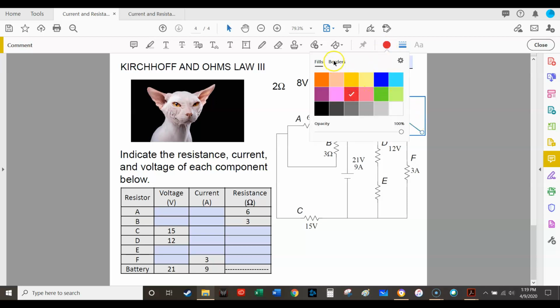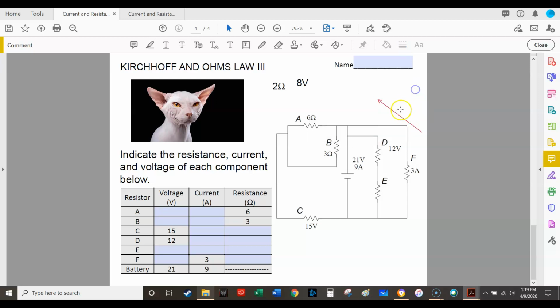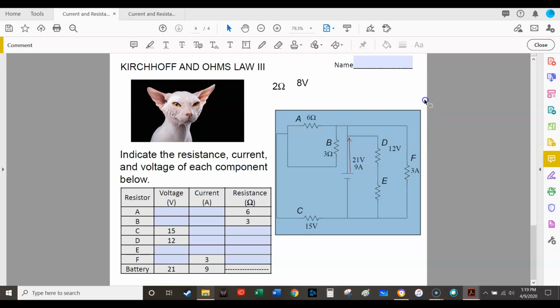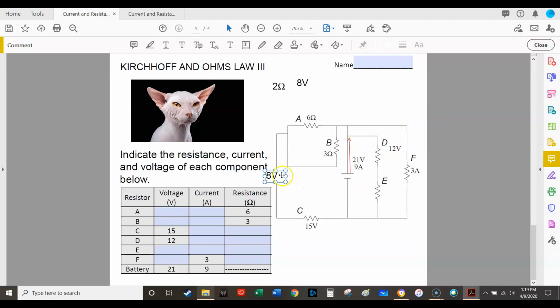And that is going to be a red arrow. I'm going to bring this to the battery. That arrow is going to be small. And that first current looks like it's going to be a 9 amp current. It's going to leave the top of the battery. And that same 9 amps is going to be coming into the bottom.